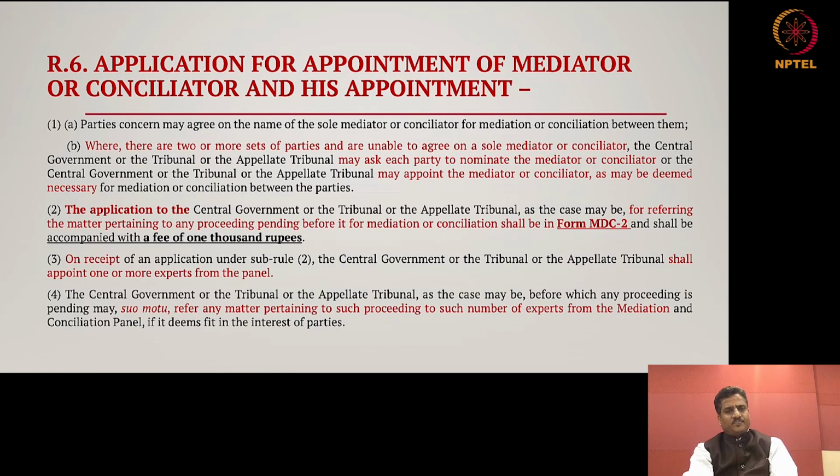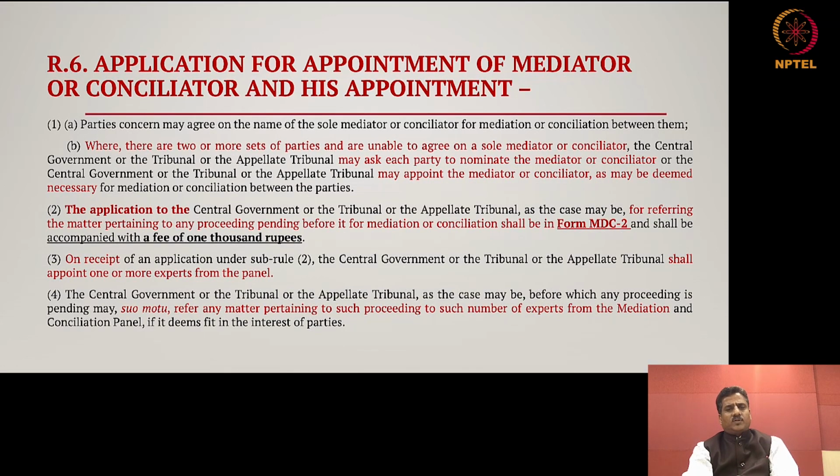The application to the central government or tribunal or appellate tribunal, as the case may be, for referring the matter pertaining to any proceedings pending before it for mediation or conciliation shall be in form number 2 and shall be accompanied with a fee of 1000 rupees.